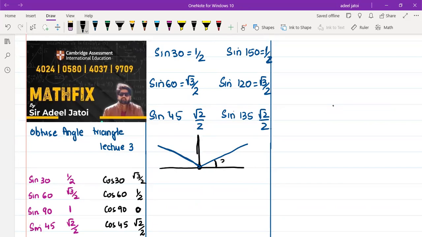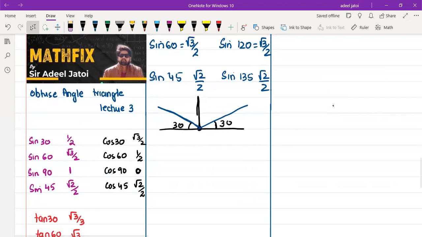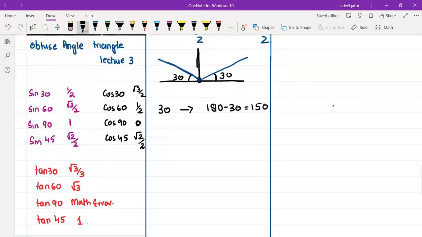So this is 30, the other one is 30 as well. So your 30 and 180 minus 30, which is equal to 150. Both answers will be the same.